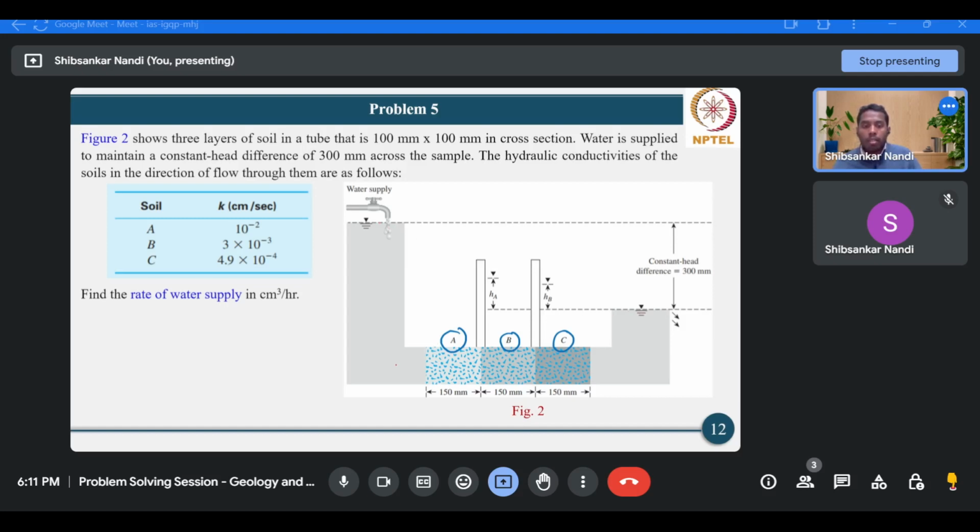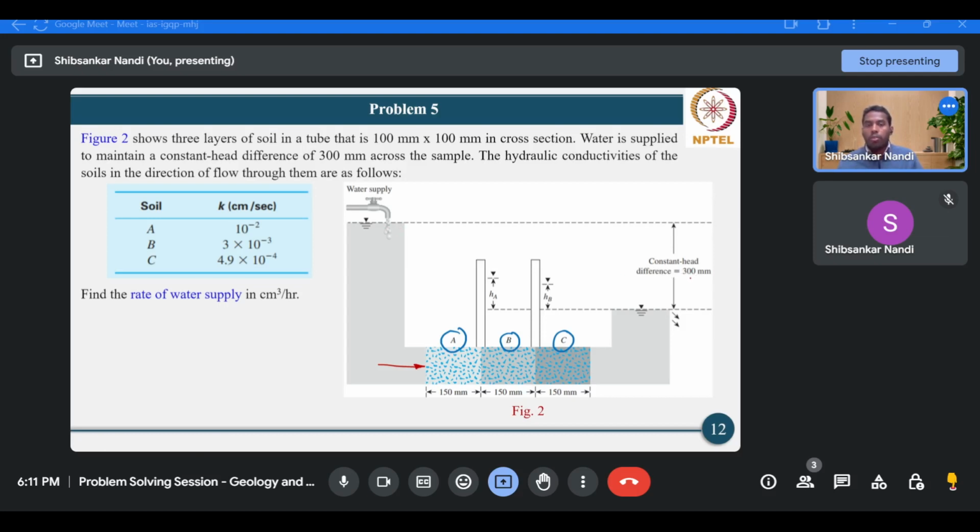So it's quite obvious that the flow is happening in this direction, from left to right, and for that, this constant head difference of 300 millimeter is basically responsible.